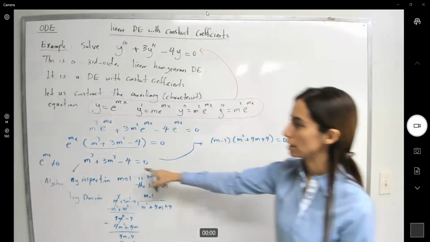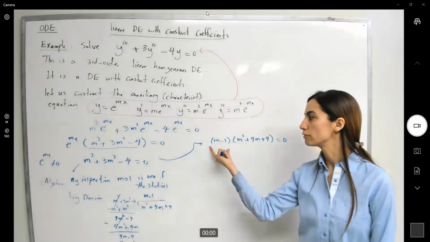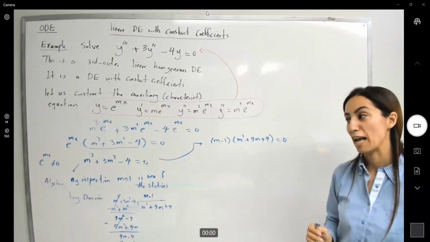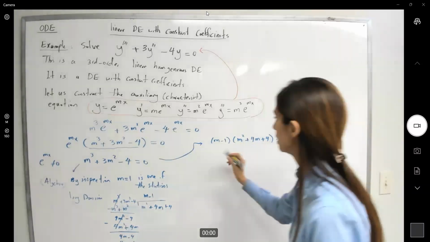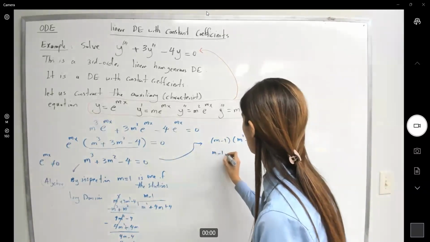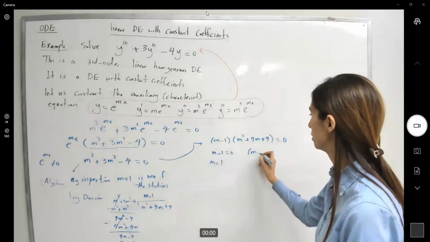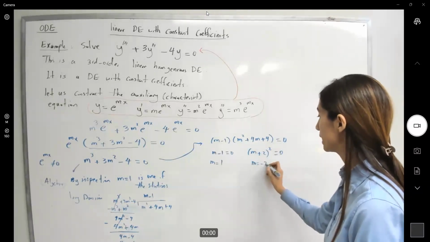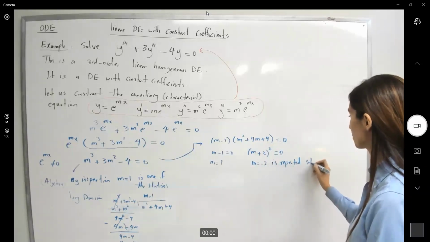We broke down this equation of degree 3 into the multiplication of a linear term and a quadratic term. Going back to intermediate algebra. By solving this, you get m minus 1 equal to 0, m is 1, and by solving this, you get m plus 2 squared equal to 0, so m equals negative 2 is a repeated solution.